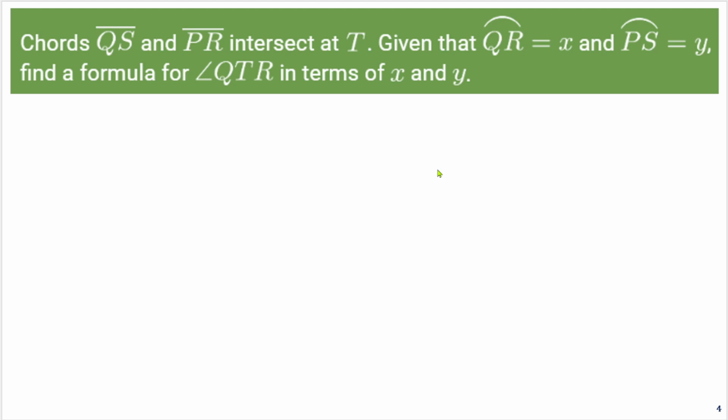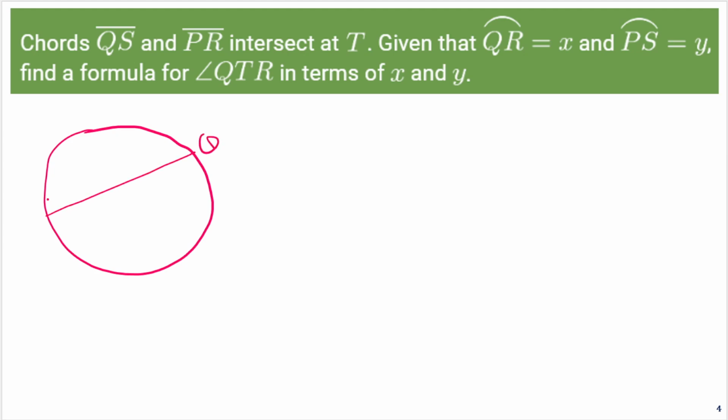If chords QS and PR intersect at T, so suppose we have a circle, chord QS and PR intersect at some point T here.